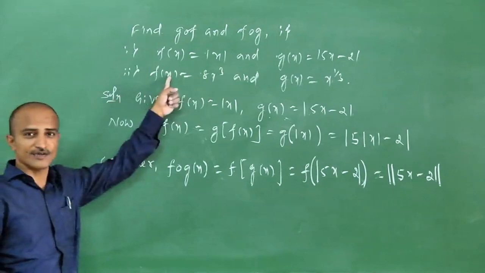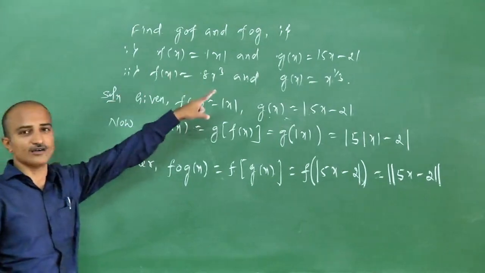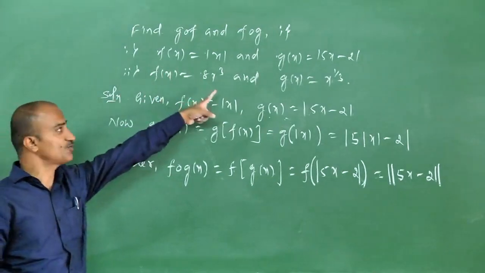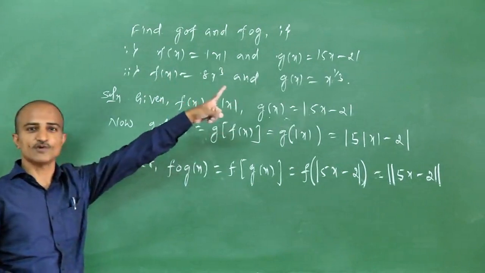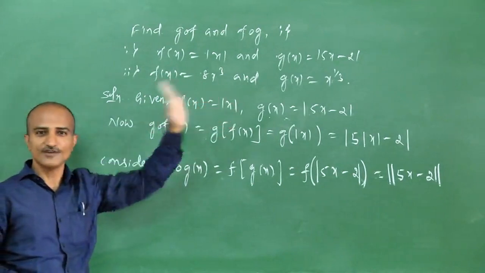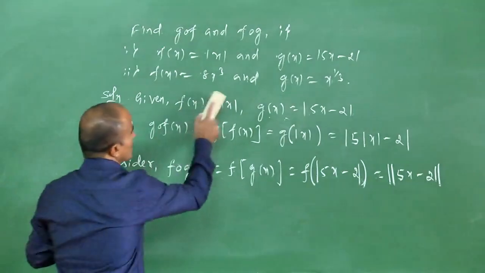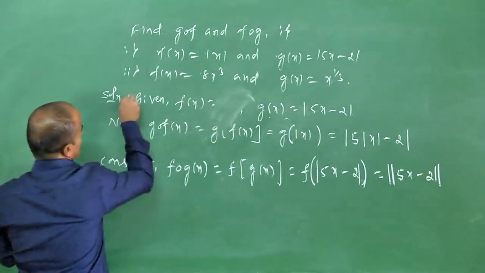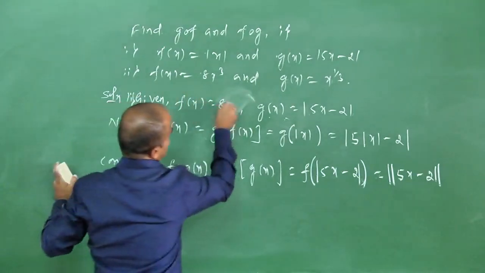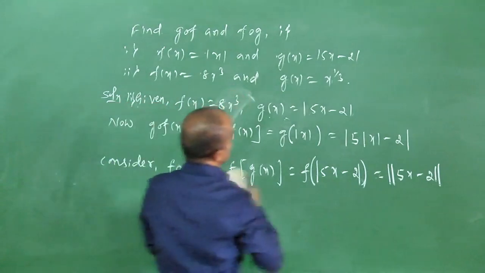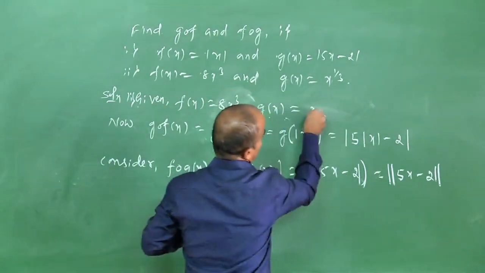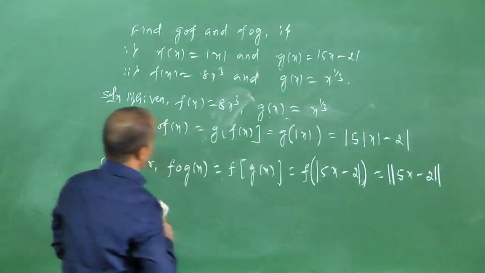Here we have one more example, to find gof and fog when f of x is 8x cube and g of x is x power 1 by 3, or cube root of x. For the second, what is f of x? 8x cube. What about g of x? x power 1 by 3, or cube root of x.